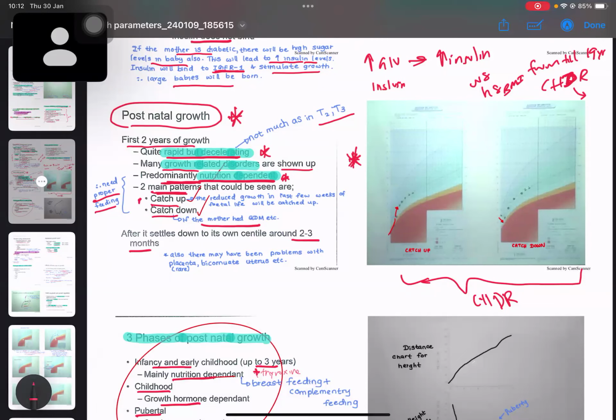Catch up means the reduced growth in the last few weeks of fetal life will be caught up. This is catch up in the first graph. Catch up means increasing. Usually, after birth, the birth weight decreases, and again the weight increases, and the baby will come back to birth weight in 2 weeks' time.